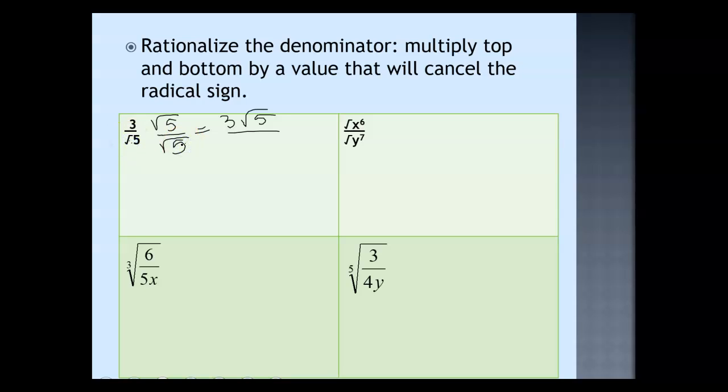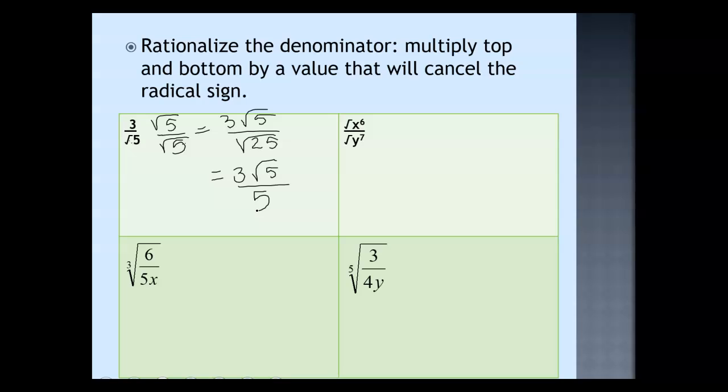What is 5 times 5? It's 25, and we know the square root of 25 is a perfect square. So if you multiply a square root by itself, you always create a perfect square, which eliminates the square root. So this becomes 3 square roots of 5 over 5.